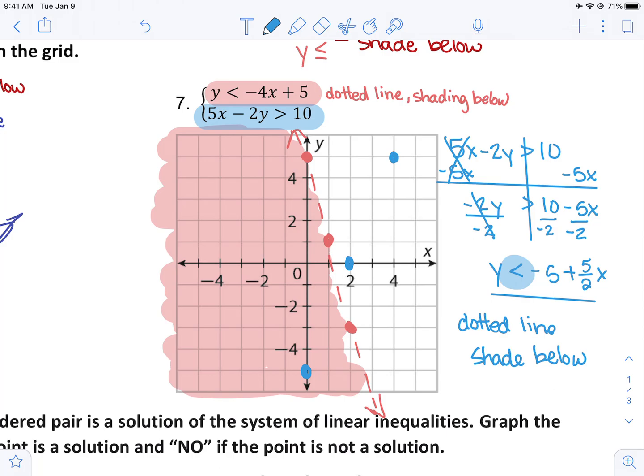So I'm going to connect my points with a dotted line. And again, I want to shade below, so that's the point that is down. So here's my y-intercept. I want to go this area right here.